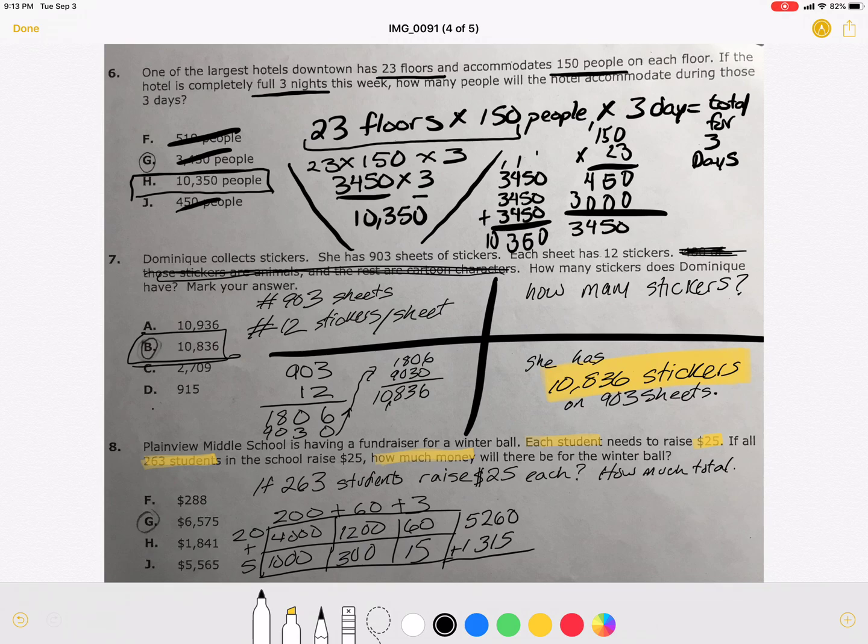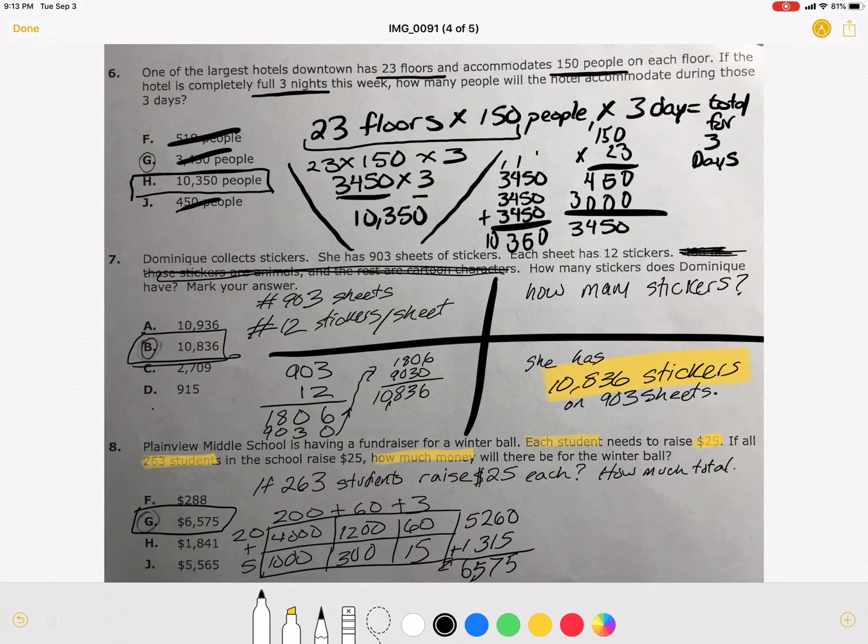One of the advantages of expanded notation is that it does break the numbers into more readily calculable chunks. So we just add that up. 5, 7, 5, 6. 6,575. There's our answer.